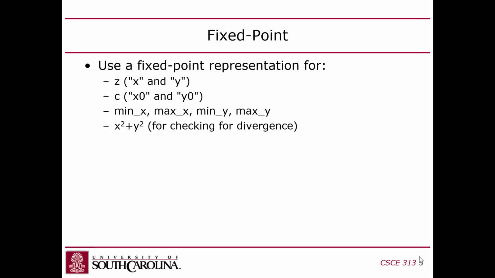And then there's x squared plus y squared, which is a value that you calculate only for the while loop, right? That's the sort of vector norm of the complex number. Well, the square of the vector norm. Technically, to do a norm, you would have to take the square root of that, but we get around that by comparing it to 4. You guys with me? Okay, so you want to do all that in fixed point.